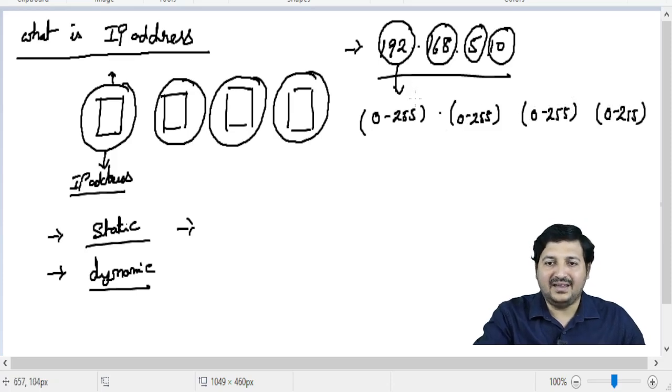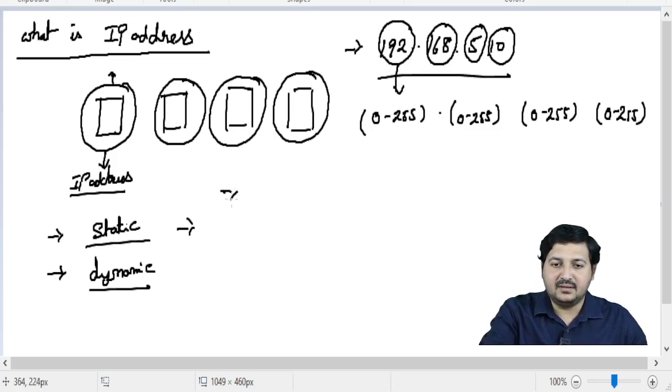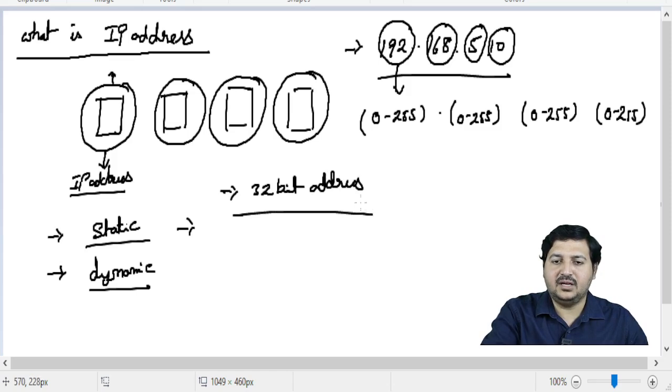We used to call each number an octet. Basically, an IP address is a 32-bit address. Again, what is the meaning of bit?